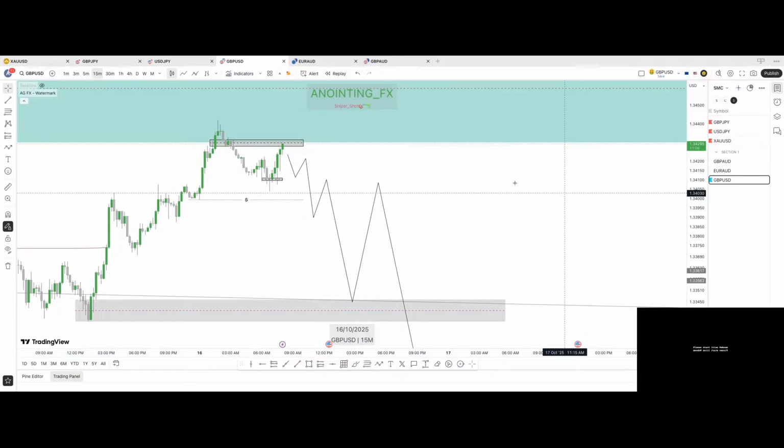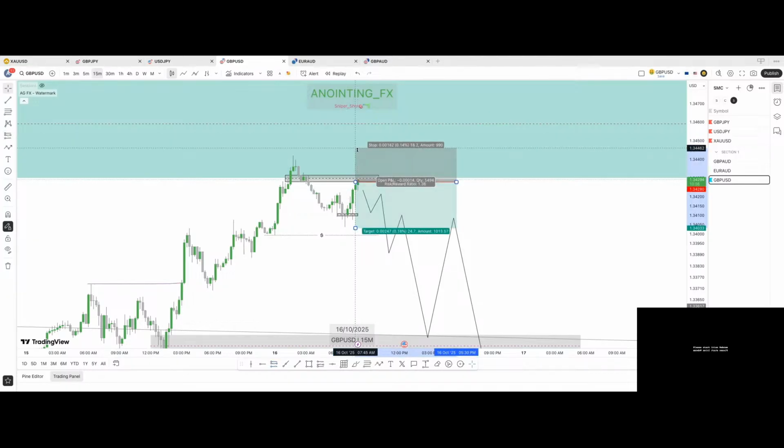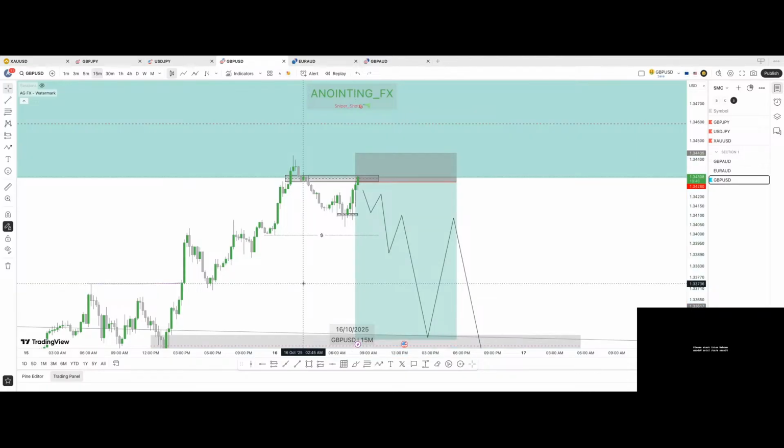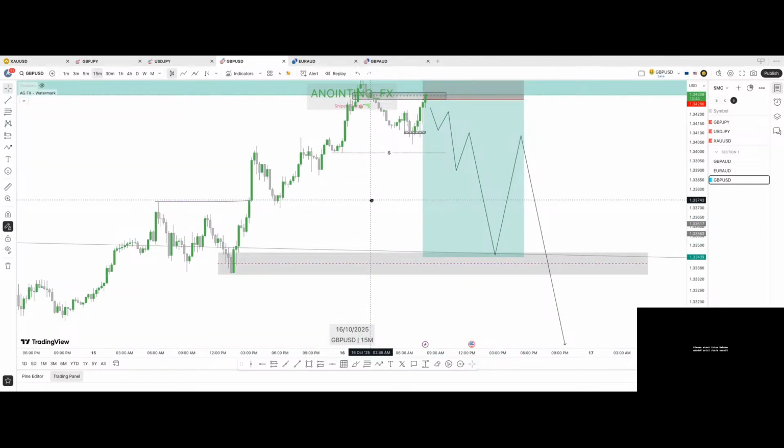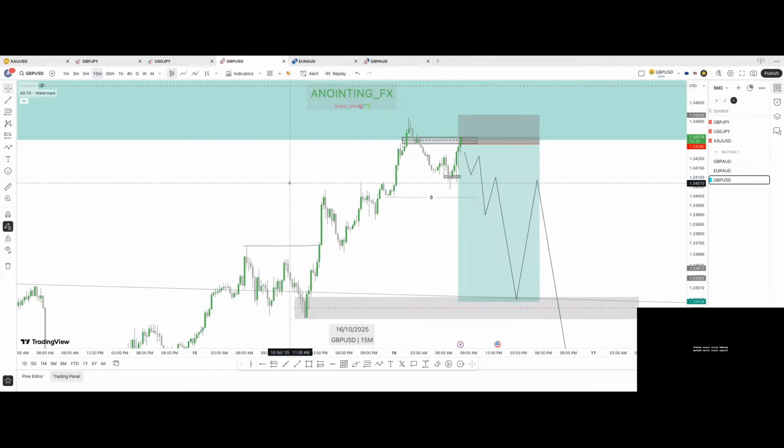So we are just taking advantage of this little one here, just above the wick here. That's 15 pips. Just risking 15 pips on this particular trade, but then we are targeting 80 pips. So that's my view on GBP USD. It's a bearish one.